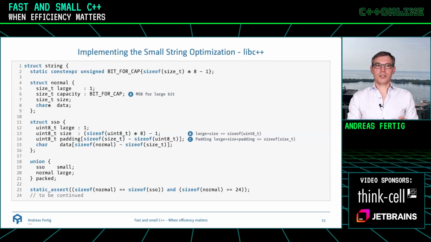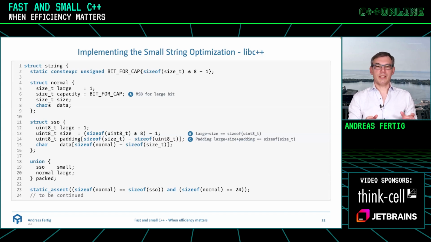SSO, the structure SSO, also starts with a single bit field of type uint8_t. It's called large, followed by another uint8_t size. It's a bit field of the number of bits that the uint8 has minus 1 because we just spent one for the large bit. Then there comes some padding in C++ here.